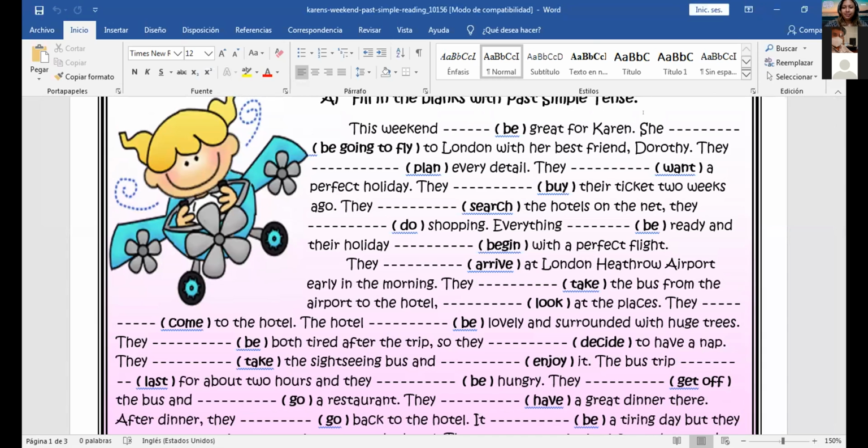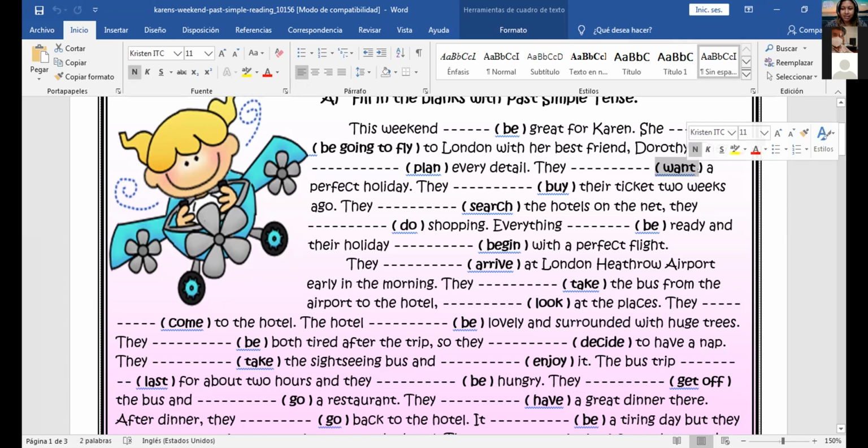She was going to fly to London with her best friend, Dorothy. They planned every detail. They went, in the past. How do we say went in the past?